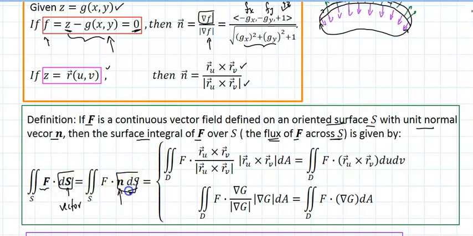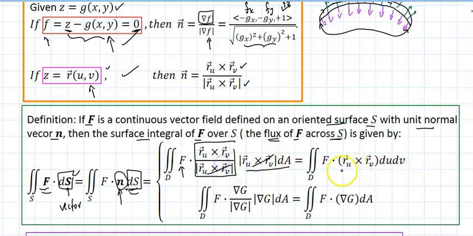n takes the orientation and dS will take the length of that surface. And what would happen? Well, based on what I told you up there, if I'm given the surface in terms of a vector, then I'm going to take the same f right there, and n would be the cross product over its magnitude. But I know that dS from the previous half of the section is the magnitude of r sub u cross r sub v times dA.